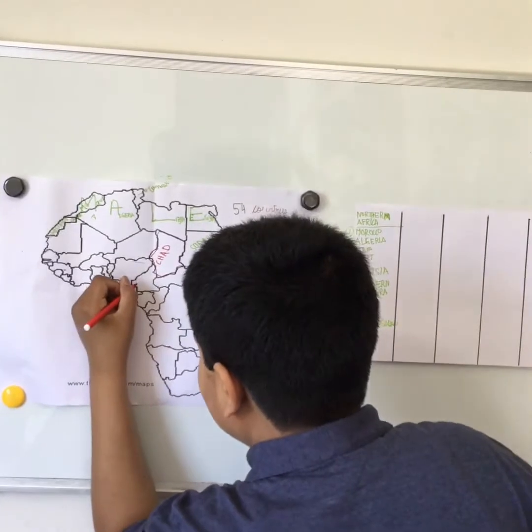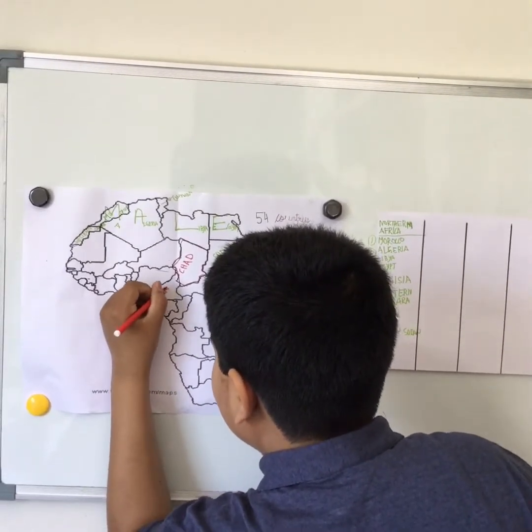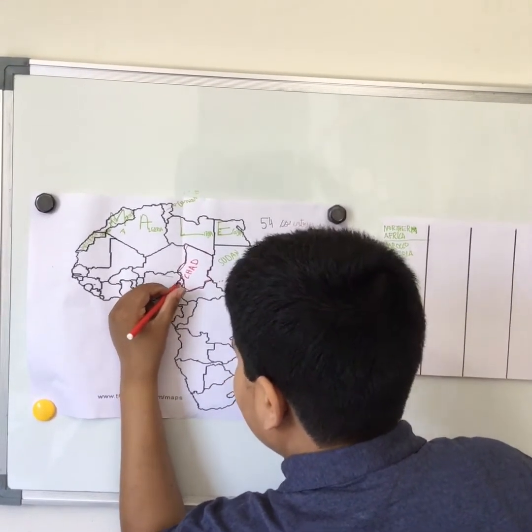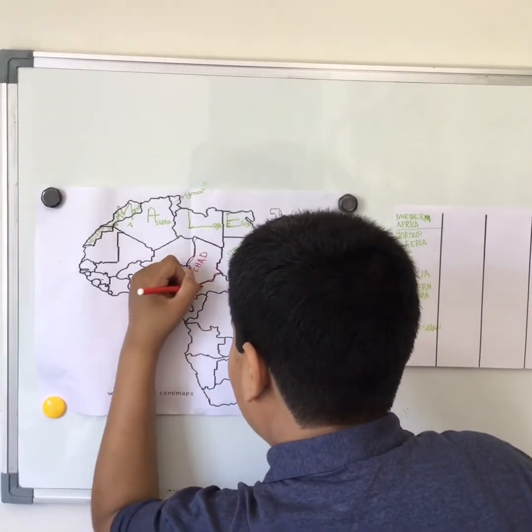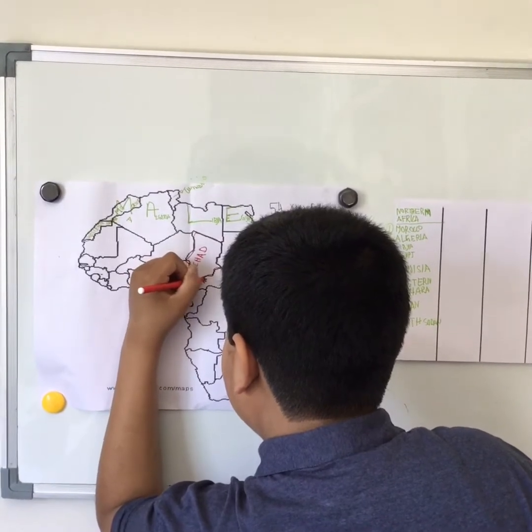Camera stands for Cameroon, and car stands for Central African Republic.